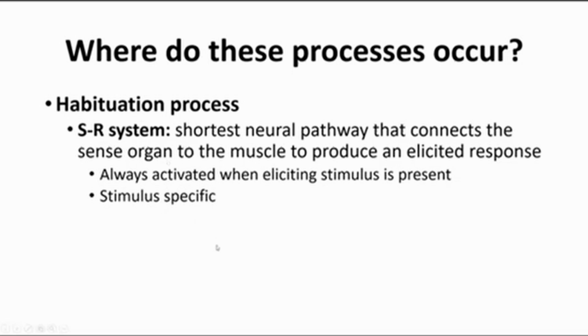This would be the shortest neural pathway that connects the sense organ to the muscle to produce an elicited response. This is basically a reflex arc. So each presentation of an eliciting stimulus is going to activate this S-R system and produce that reflex. And by using it multiple times, you can cause a buildup of habituation.